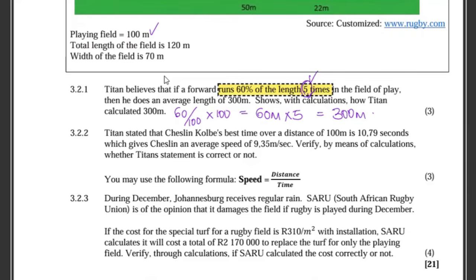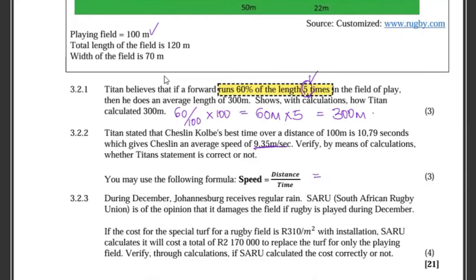Okay. Tiana stated that Chris Colby's best time over a distance of 100 meters is 10.79 seconds, which gives Christina an average of 9.35 meters per second. Verify, showing all, but we are verifying the speed in meters per second.